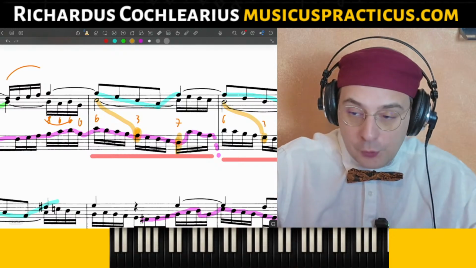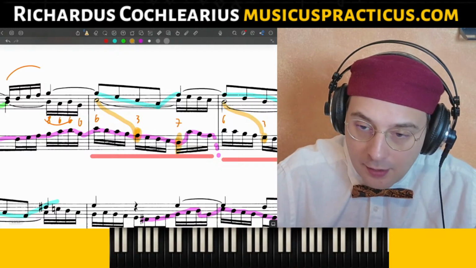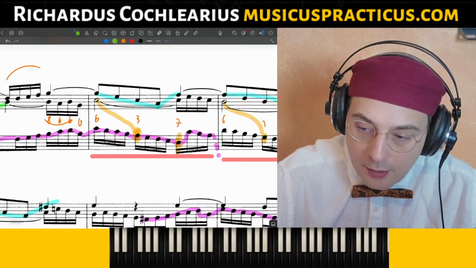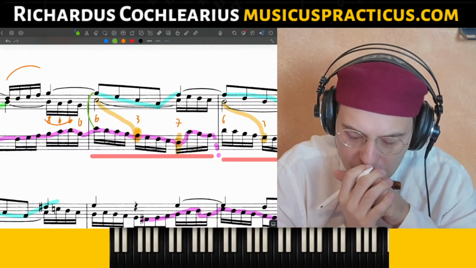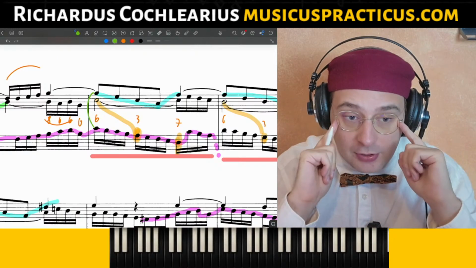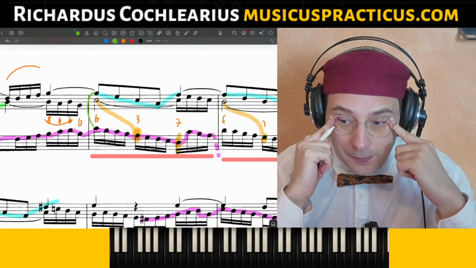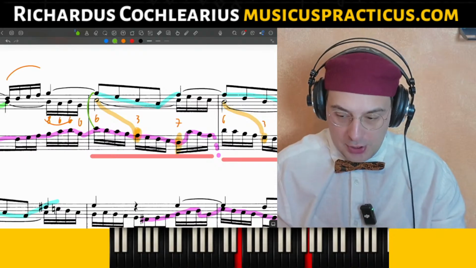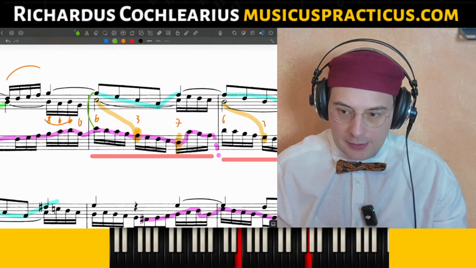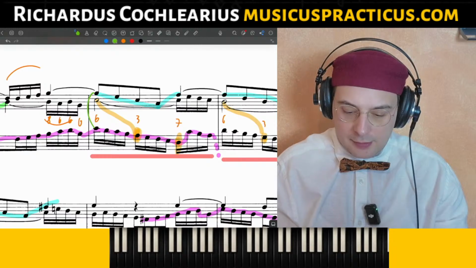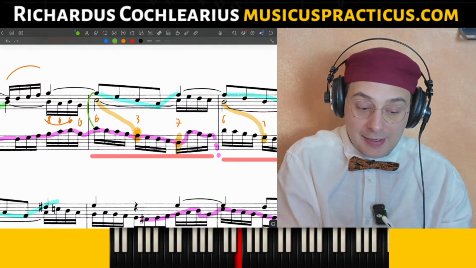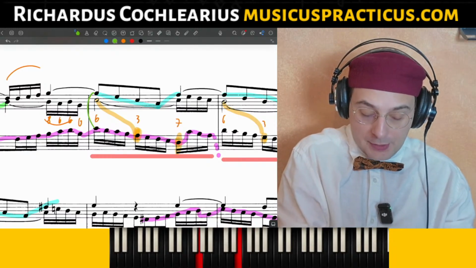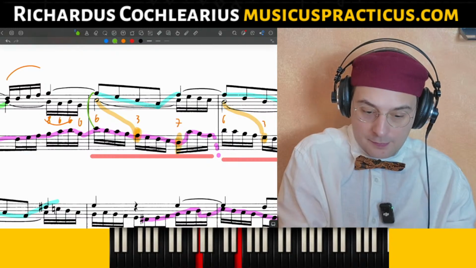We have a third between E and G, which means that the inversion is not invertible counterpoint at the octave, but E, G. So let's move this down an octave and we'll get the sixth.